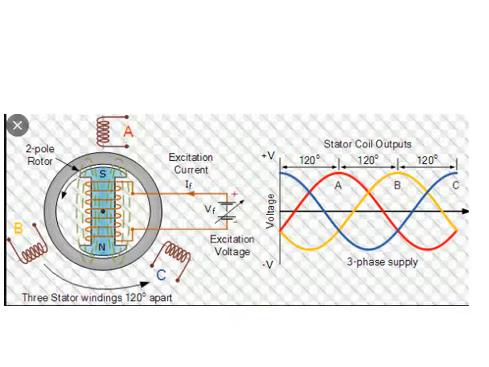So an alternating EMF is generated. But here we need to remember there is not just one set of conductors in the armature, because it is a three-phase AC generator. There are three sets of windings, which you can see in this diagram as A, B, C.